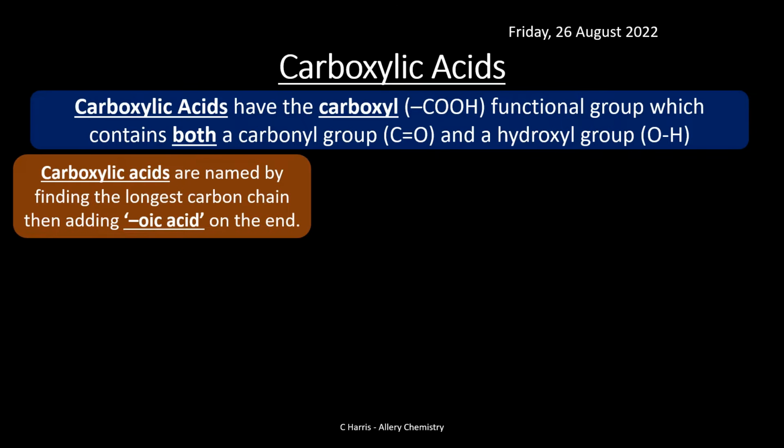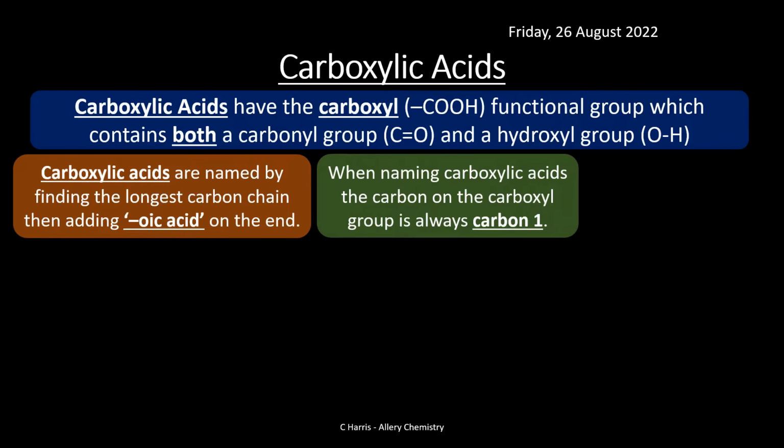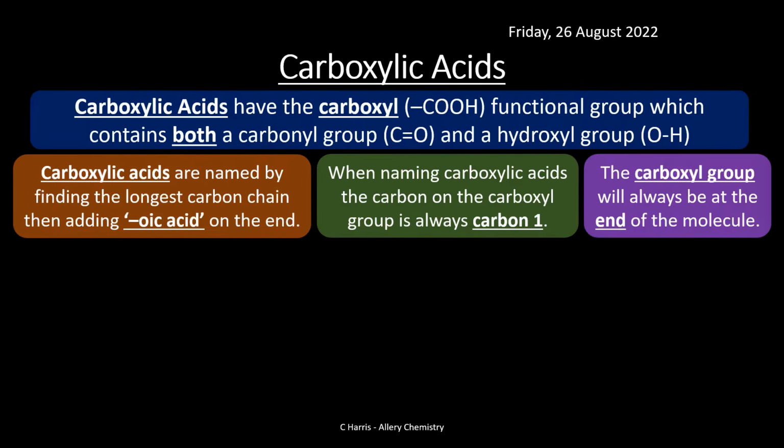Now the nomenclature of these, we looked at in the introduction to AS organic chemistry topic, which I think is topic 13, and that goes into the nomenclature in a little more detail. This is just looking at carboxylic acids in particular, and they're relatively straightforward actually. When we're naming carboxylic acids, the carbon on the carboxyl group is always carbon 1, and the carboxyl group will always be at the end of a molecule.